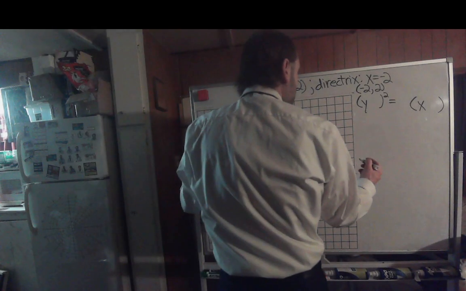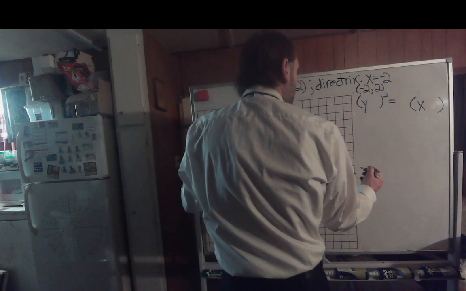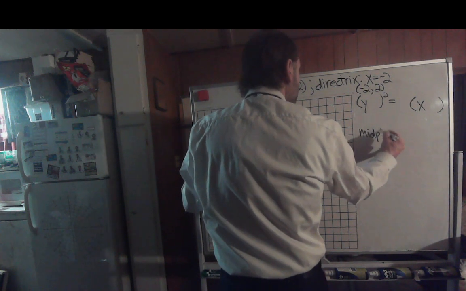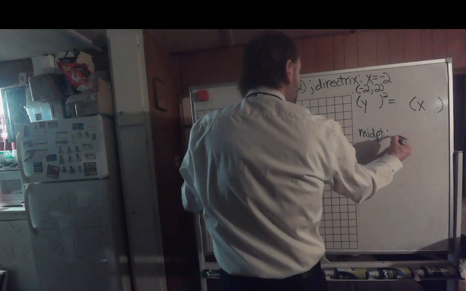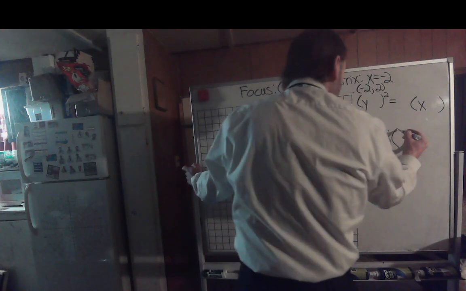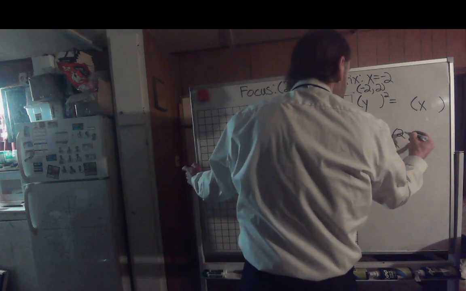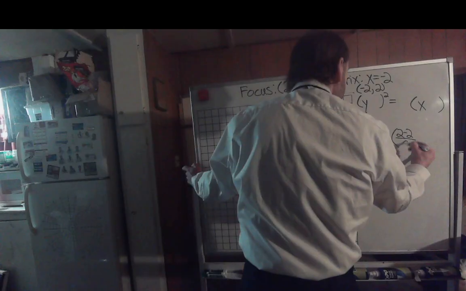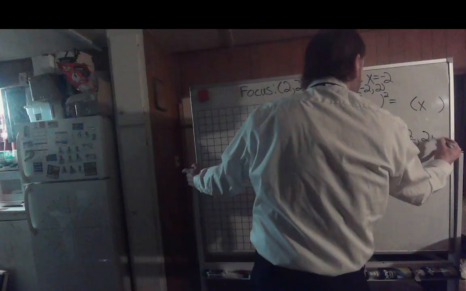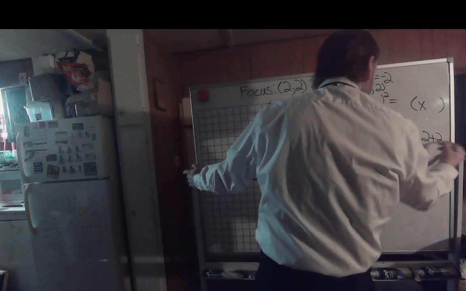If we remember the midpoint formula, we can find the vertex. The midpoint is your x1 of 2 plus your x2 of negative 2, so 2 minus 2 over 2, then your y1 of 2 plus your y2 of 2, so 2 plus 2 over 2.